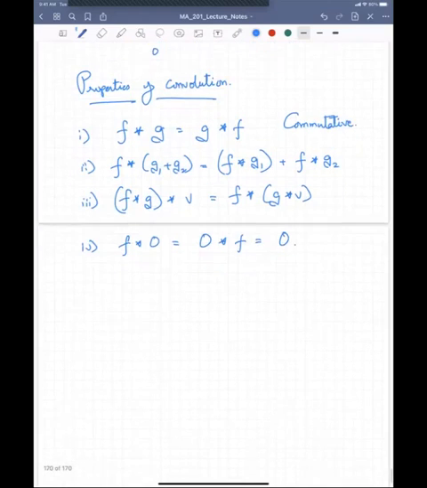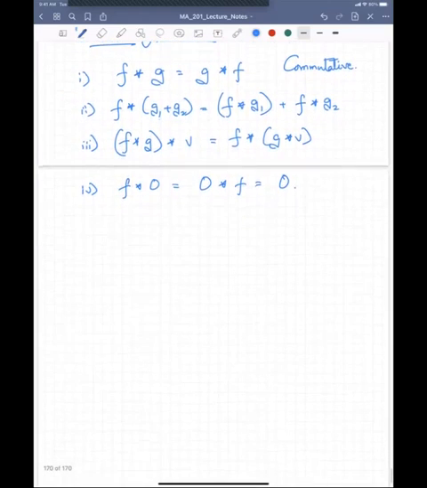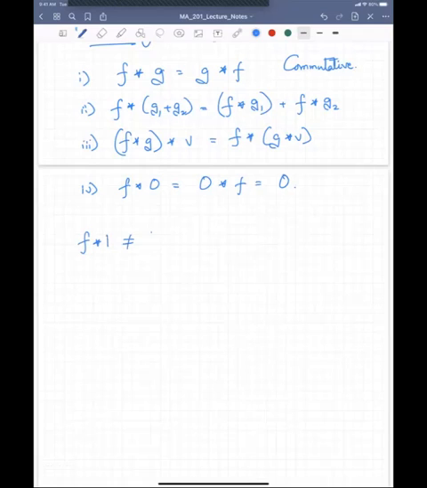If you think the last property was a little silly to state, notice that the convolution of f and 1 is not equal to f. Okay, so it's always important in mathematics to spell these things out literally, because there might be cases where you could be surprised. For example, choose f as cosine t.